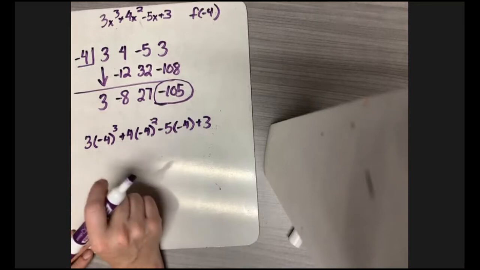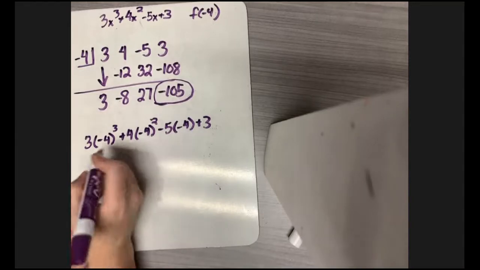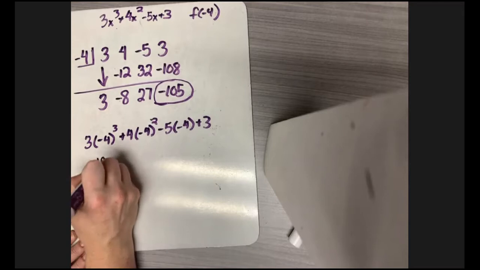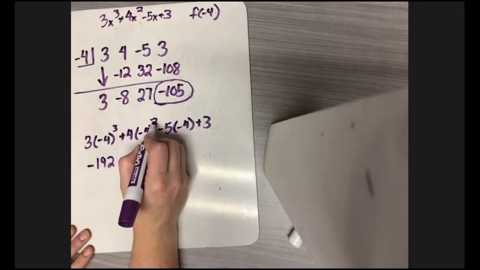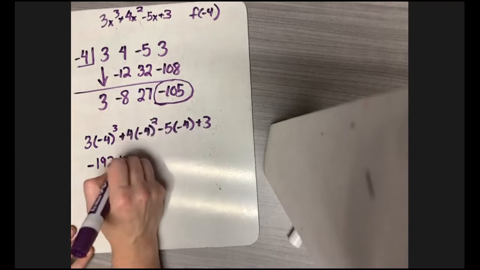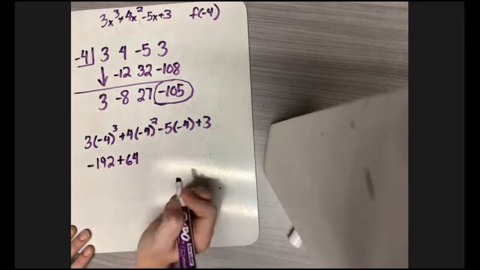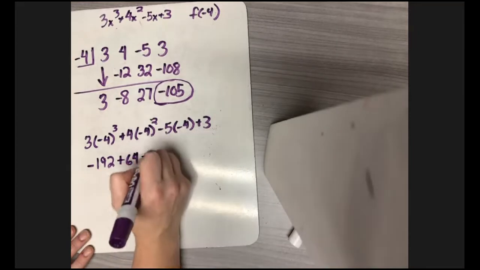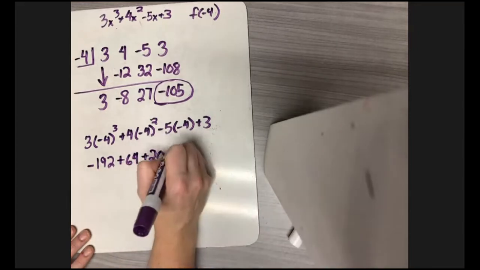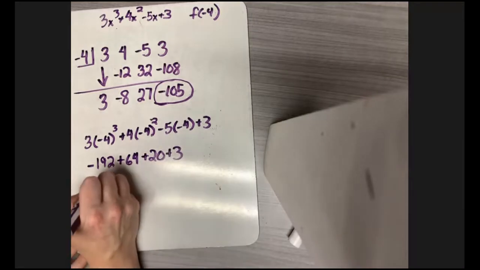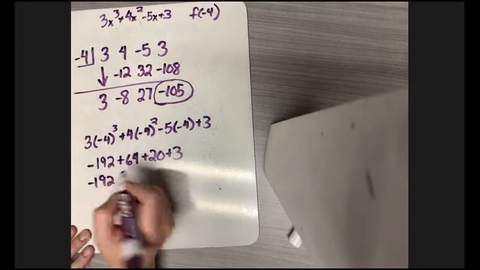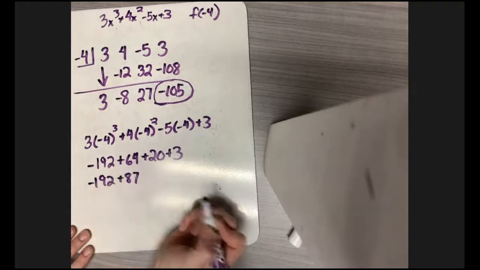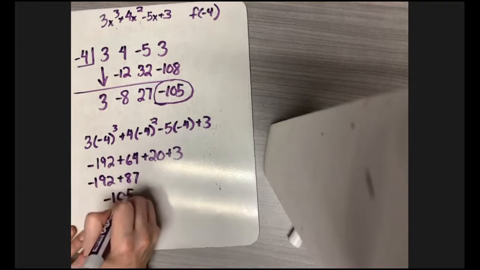Negative 64 times 3 is negative 192. Negative 4 squared is 16. 16 times 4 is 64. Negative 5 times negative 4 is positive 20. And 3. I'm going to put all my positive stuff together. That's 64, 84, 87. That is negative 105.